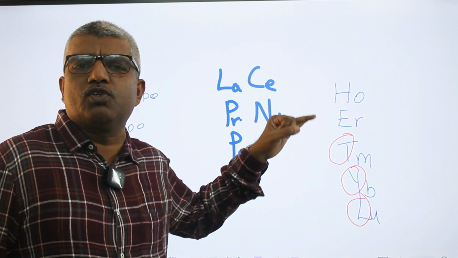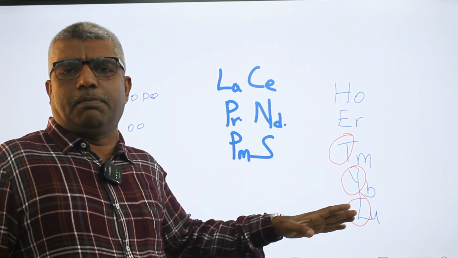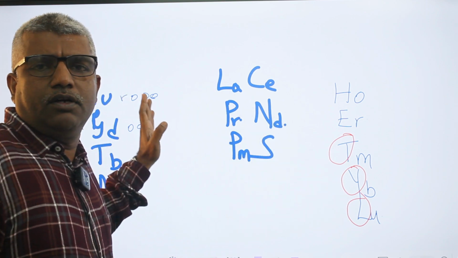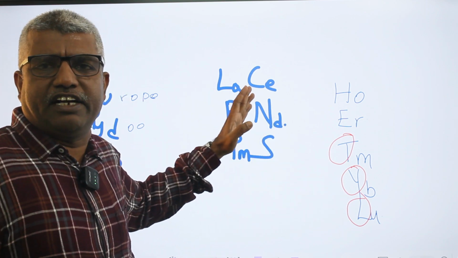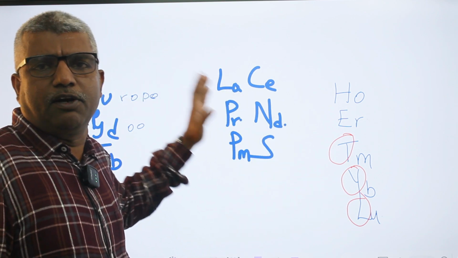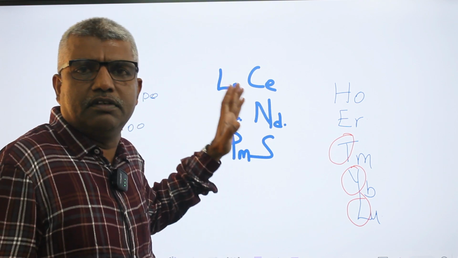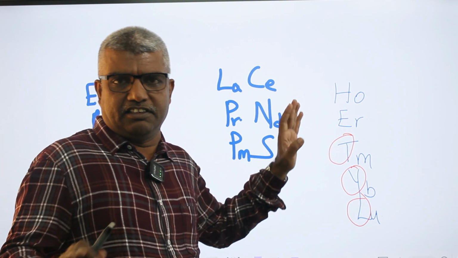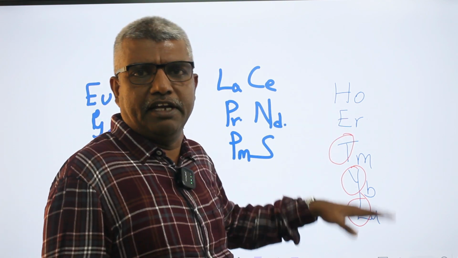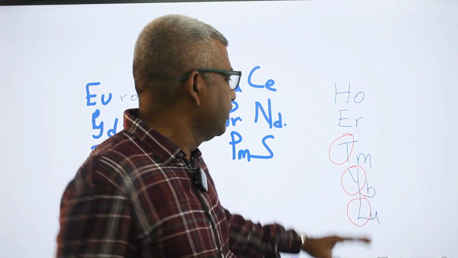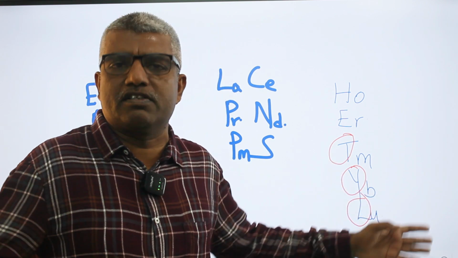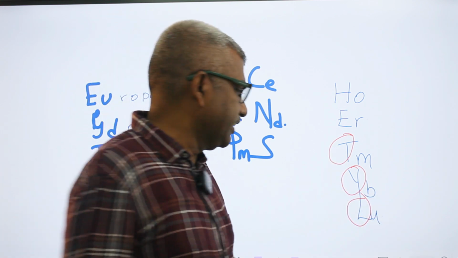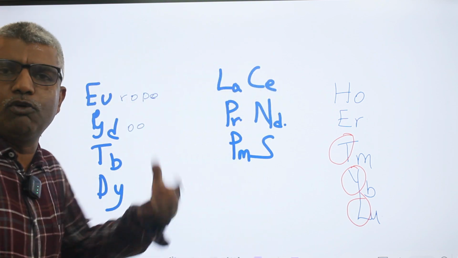Lanthanum, cerium, praseodymium, neodymium, promethium, samarium. Europe goods are terrific and dynamic: europium, gadolinium, terbium, dysprosium. Holland engineer: holmium, erbium. Thank you Lord: thulium, ytterbium, lutetium. Get it? Repeat one more time.